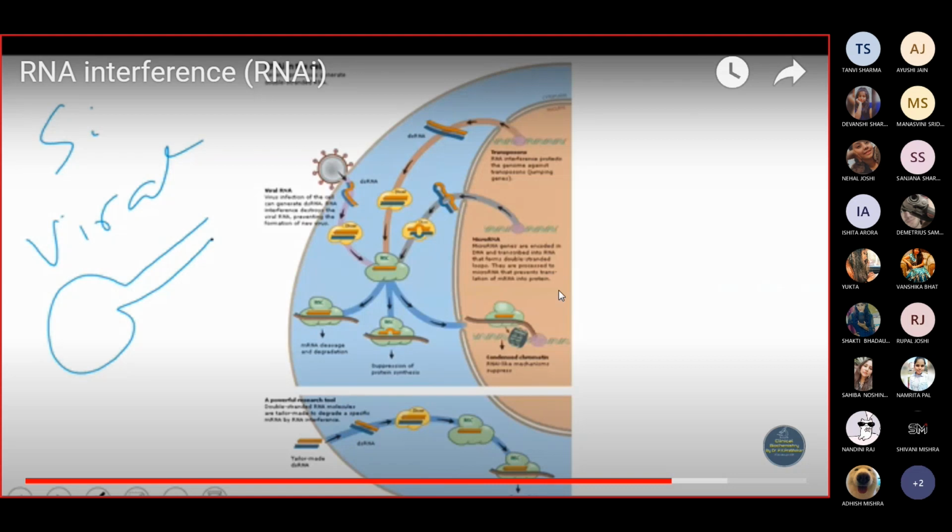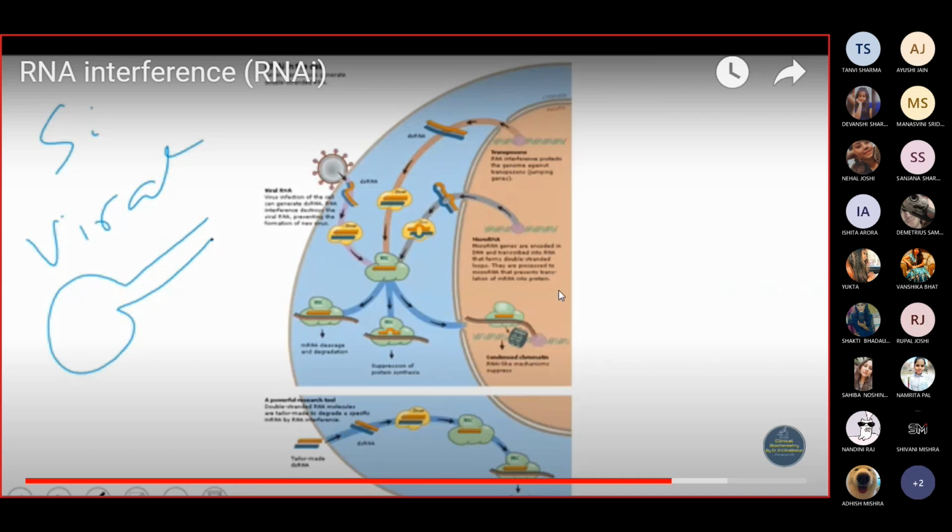As I said, it is being harnessed for treating certain diseases. It is kind of early. Although they got this Nobel Prize way back in 2006, for a discovery that was done in the late 90s, it has not yet translated into clinic.